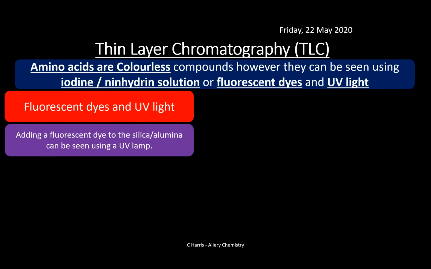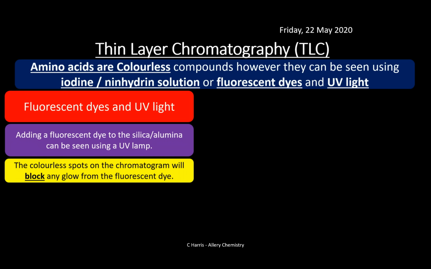One way in which we can identify these amino acids is using a fluorescent dye and UV light. If we add a fluorescent dye to the silica plate, we can see this using a UV lamp. So it's all very high tech. The colourless spots on that chromatogram will block any glow from the fluorescent dye. So it looks a little bit like this.